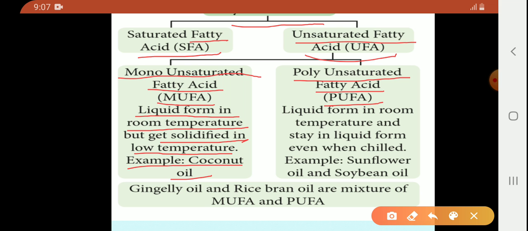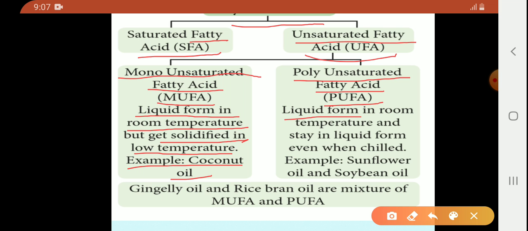Coconut oil during winter season, what will happen? It will solidify, especially at the morning time, because of the lower temperature. So coconut oil is the example for monounsaturated fatty acid.